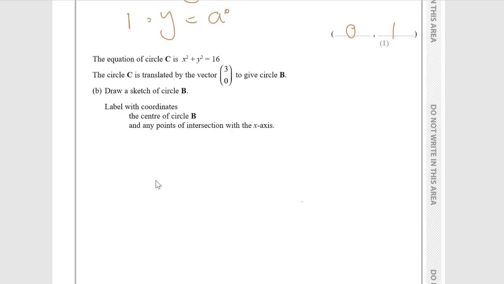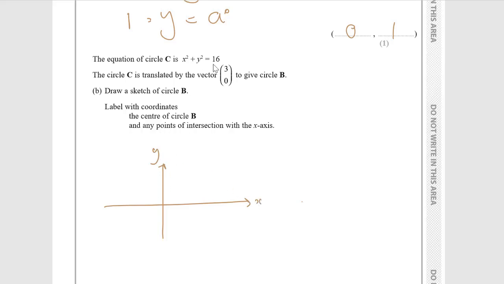So if I do this correctly, we have a grid.